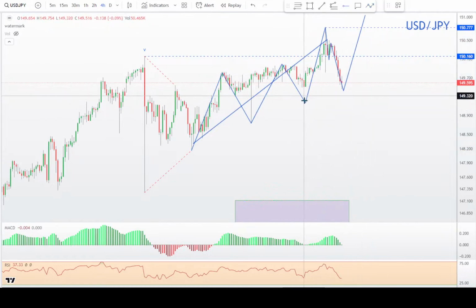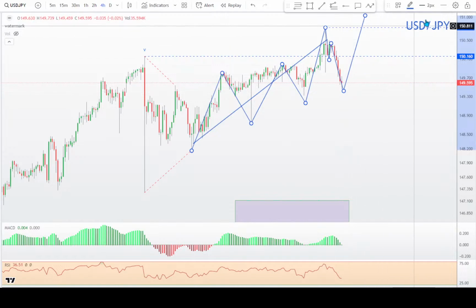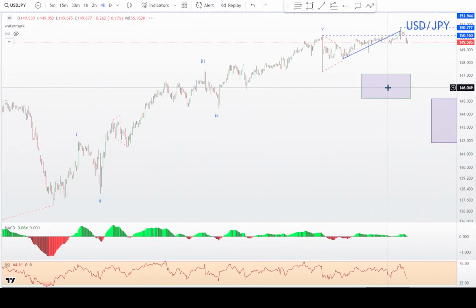Now, if I'm wrong, if this 14932 breaks, then somehow that was 3, 4. Yeah, this fifth wave just doesn't look right. But I think if 14392 breaks, then this fifth wave is done. And then you're going to get a correction.